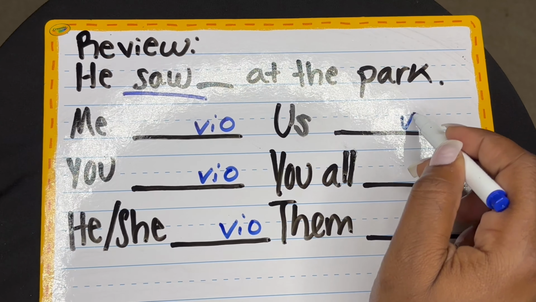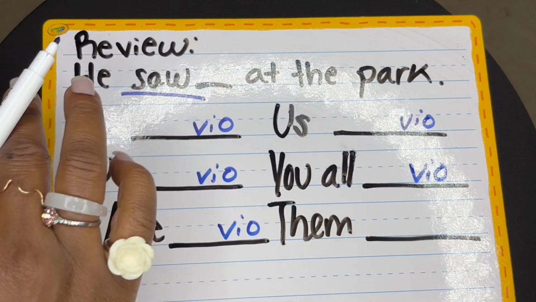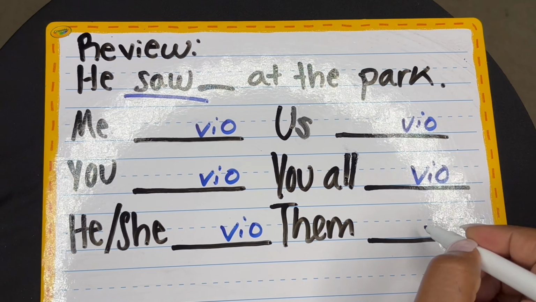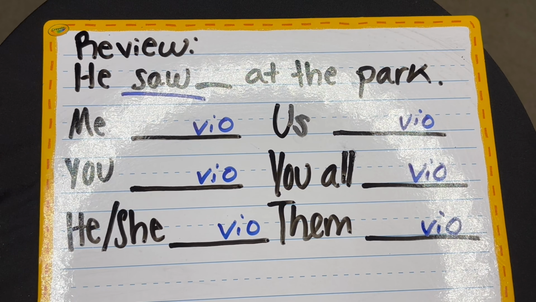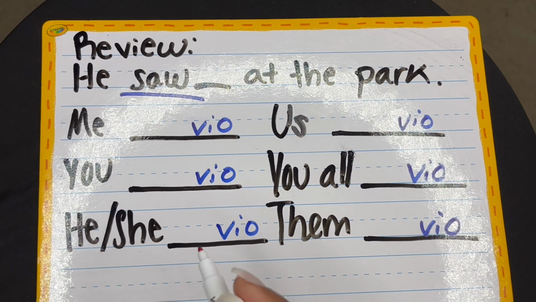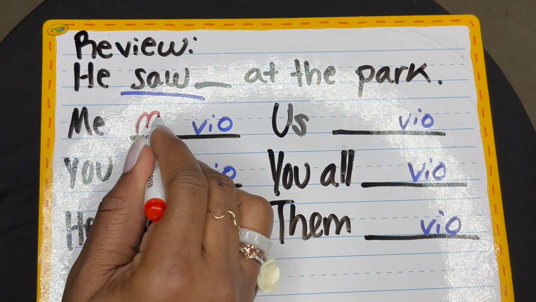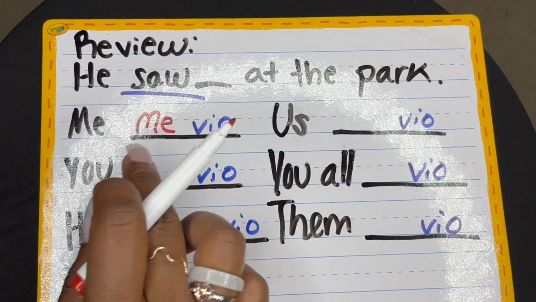So let's put that on all of these because it's the same for all of them. Then we just change who he saw on that blank, okay? Vio. Okay, now let's look at who he saw. He saw me, right? Me is going to be me. Me vio en el parque.